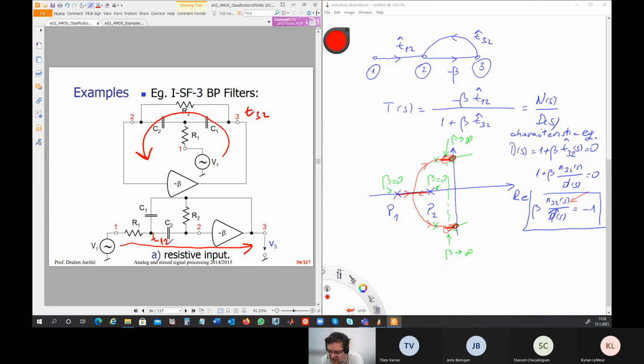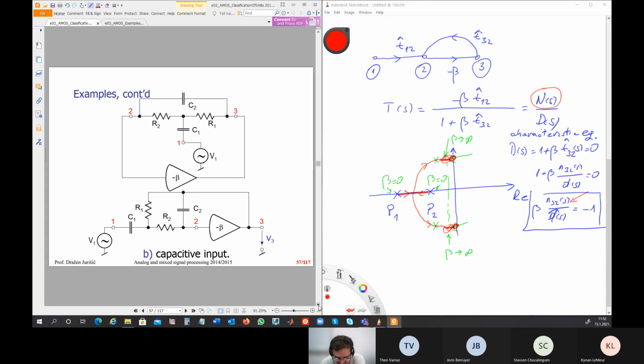As we know, T1,2 is determining the N of s. So this is the character of the whole filter, and T3,2 is the feedback. So in the feedback, you can make complex conjugate poles.